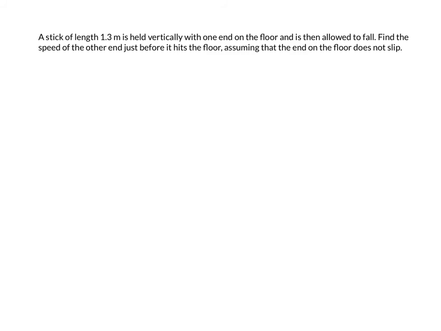So obviously we're assuming that the end on the floor does not slip. So we're not looking at the end that's touching the floor initially, right? We're looking at the end that's at the top, right up here. So it's going to do this, right? It's going to just release and then fall. And we want to know the speed of this end of the stick just before it hits the floor.